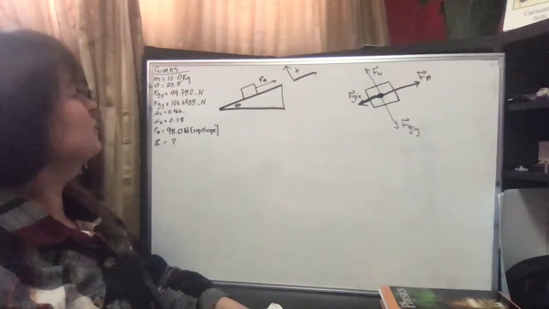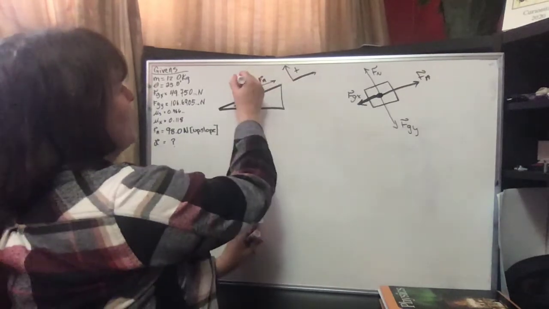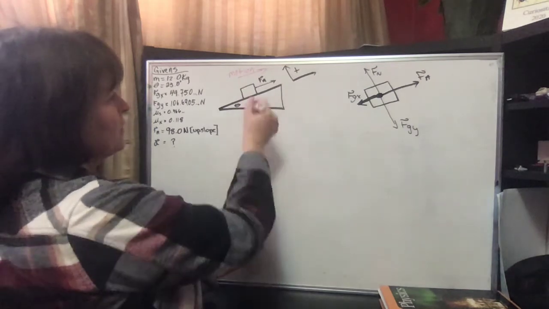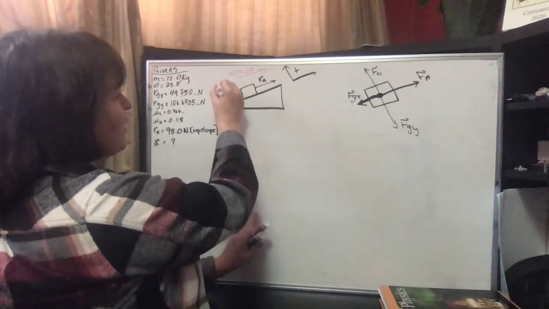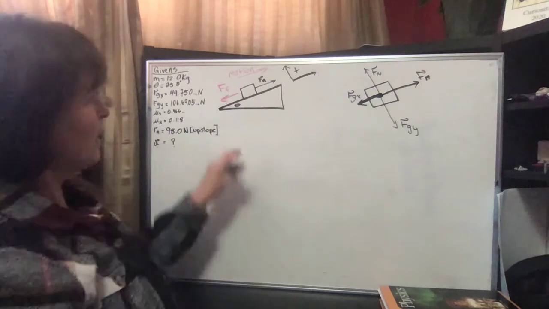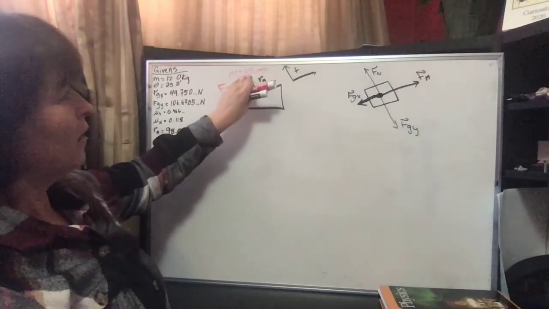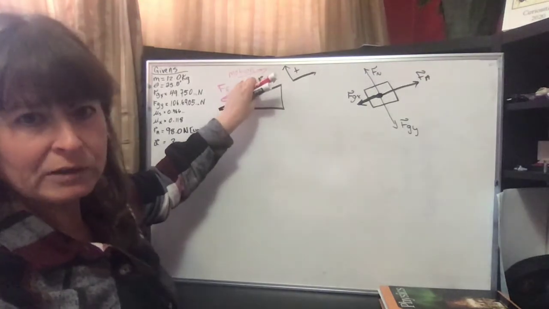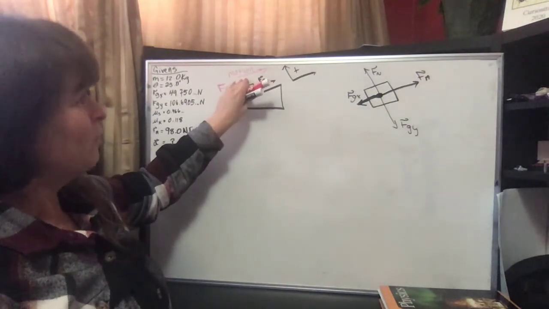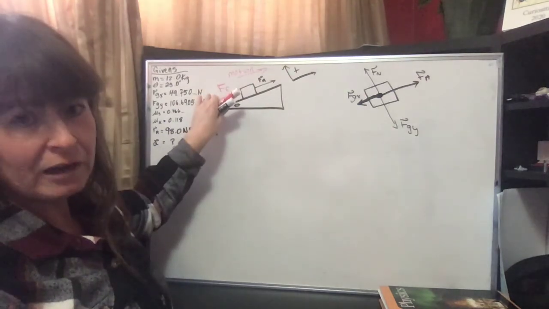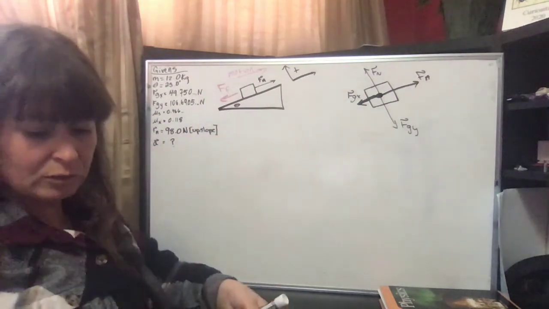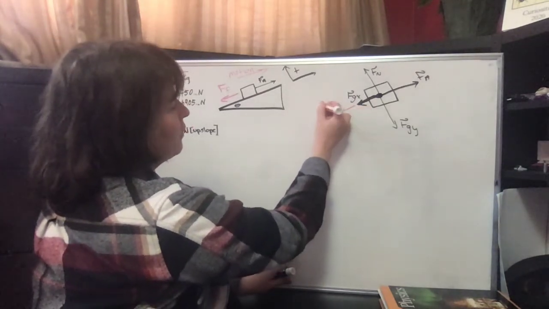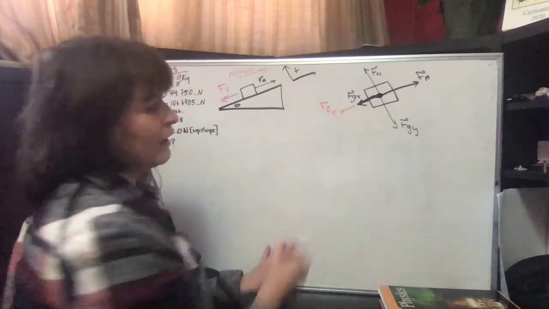In this case our motion is this way, so our friction will oppose that, down the slope. We have motion, which means our friction will be kinetic in nature. So putting it onto our free body diagram, down the slope, force of friction, little k for kinetic.